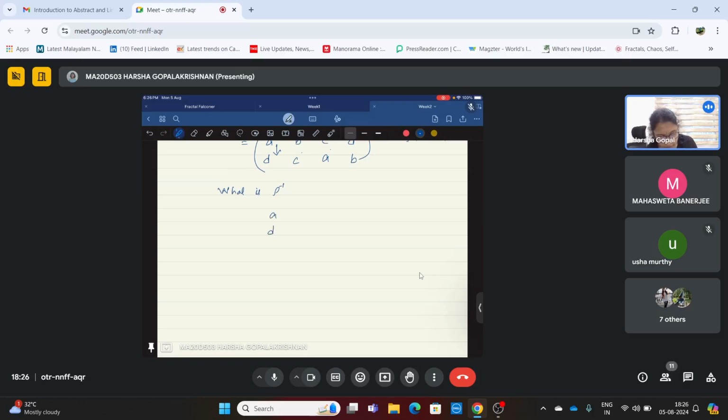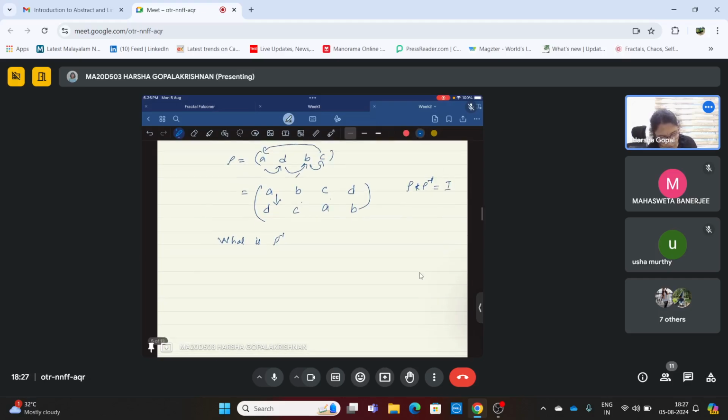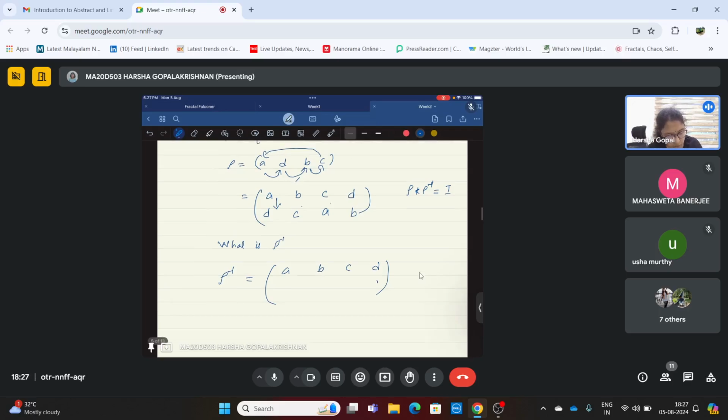So again I am writing rho inverse. I just want to know where A, B, C, D are going. Then I will get the inverse permutation. Here we know A is going to D. So I am saying D should go to A. So I am writing below D, it is here.